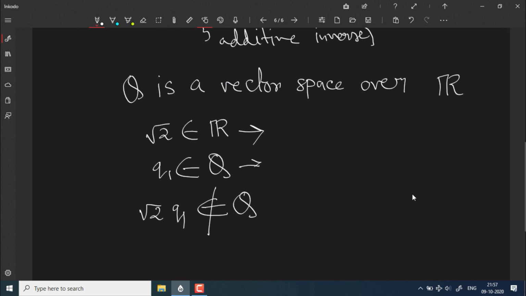However, on the other hand, it is true that R forms a vector space over Q. Let me simplify what I am trying to say.